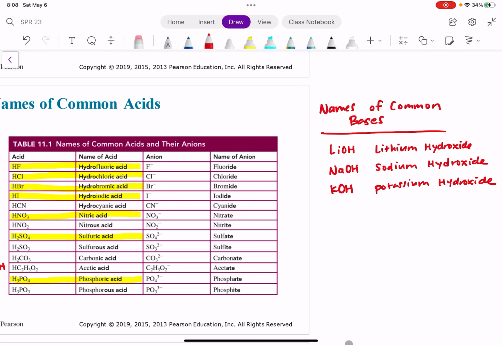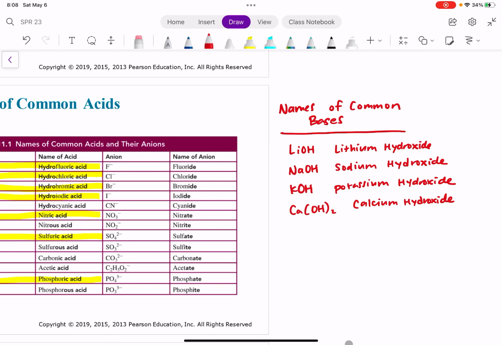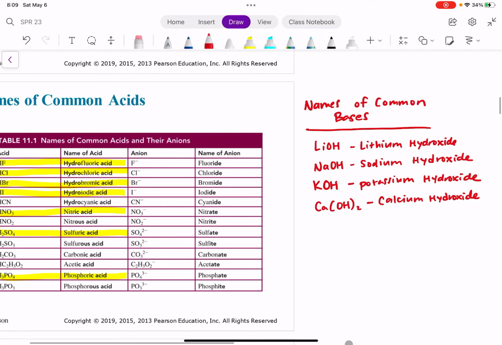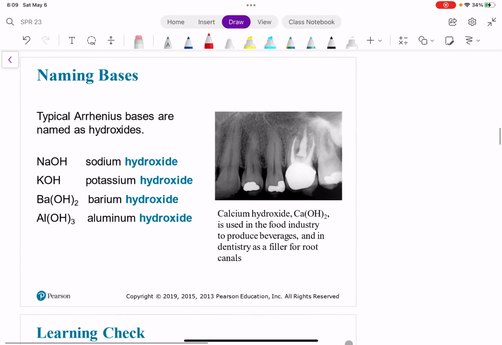And then there's calcium hydroxide. Yeah, so these are the ones on your study guide and the ones that we want you to memorize. And again, you'll use these all the time in Gen Chem as well. So it's not just for this class, you'll use them in the future as well. And sorry, this should actually look more like a capital. There we go. Okay, so that's there for you to memorize as well.